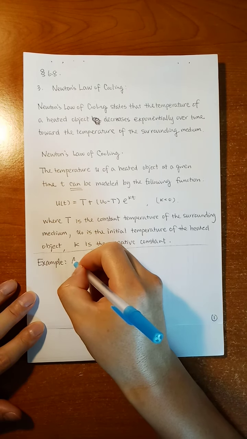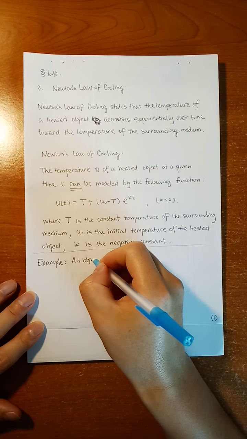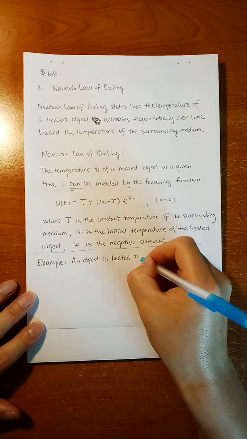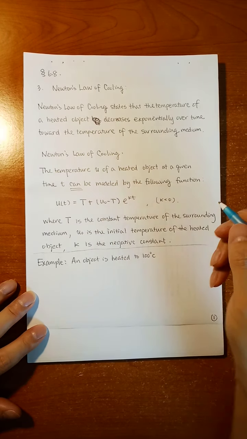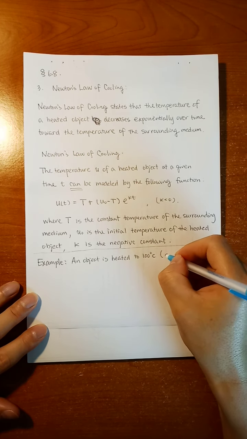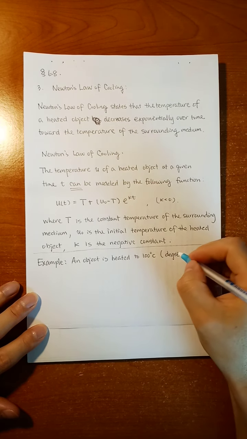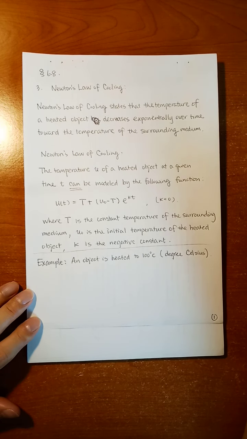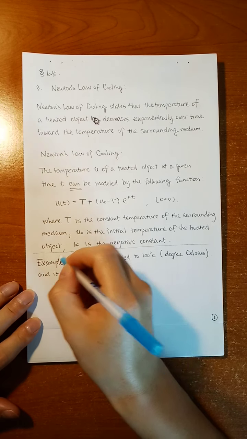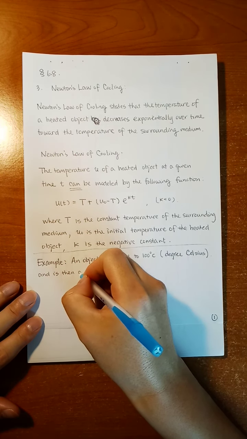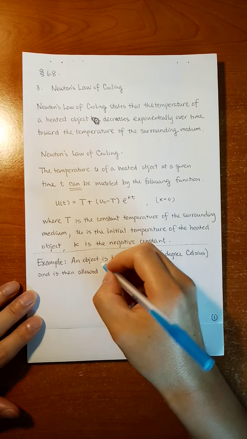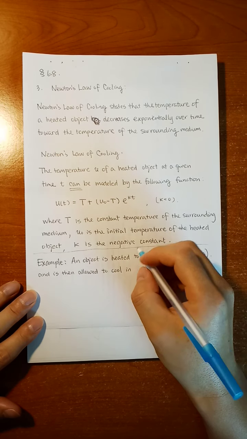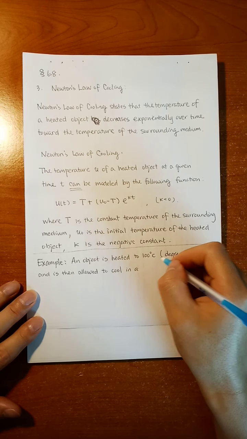An object is heated to 100 degrees Celsius and is then allowed to cool in a room. 100 degrees Celsius is very hot.